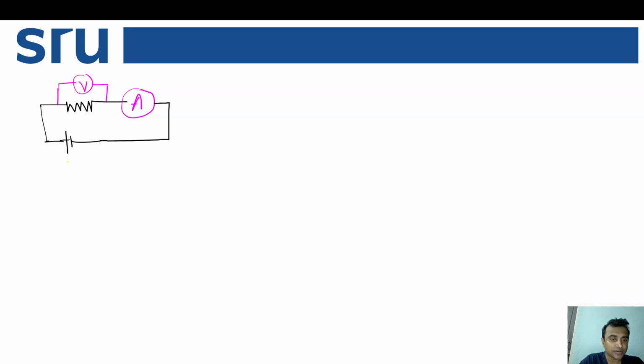So it has a voltage source V, and we know that the current passing is I. Okay, so now we know that the formula for our celebrated Ohm's law is V equal to IR.